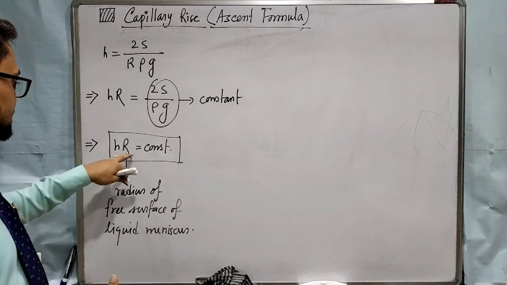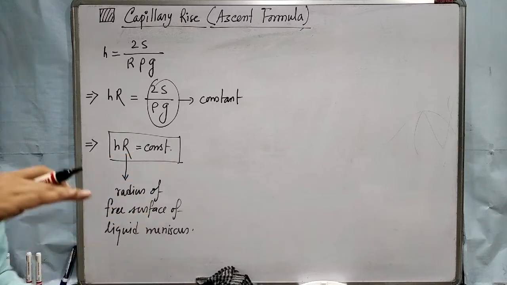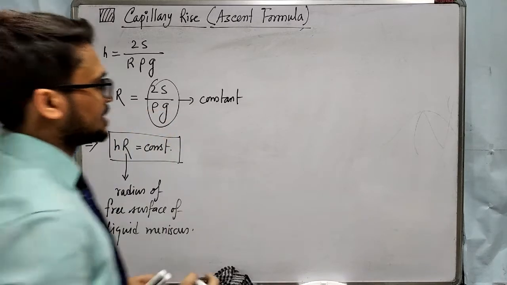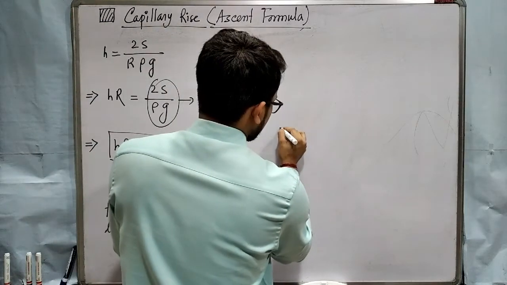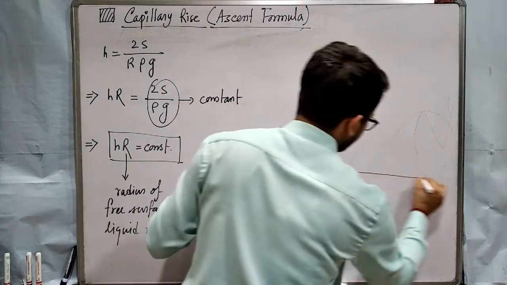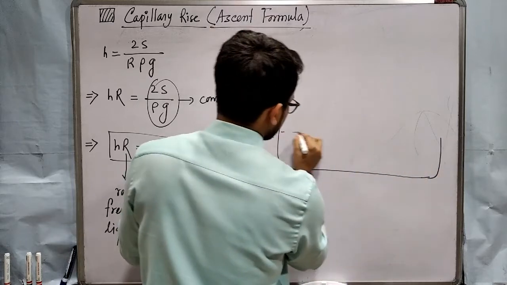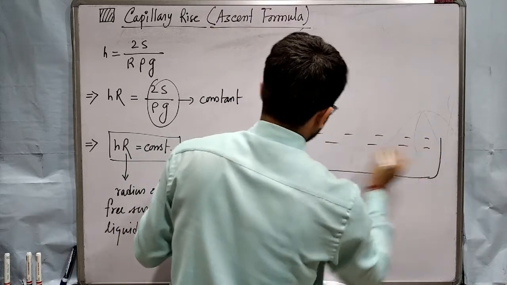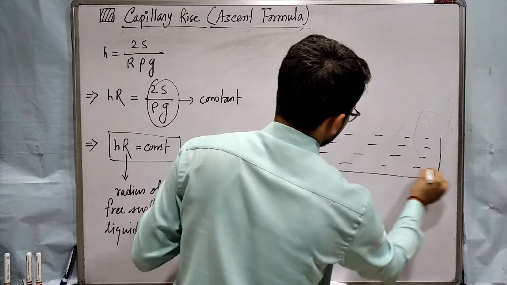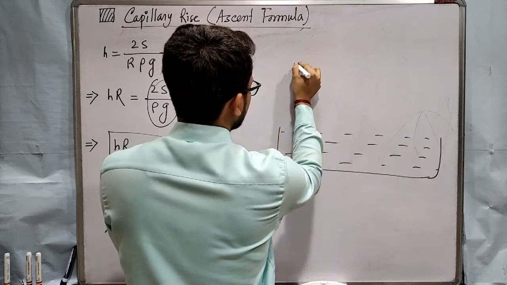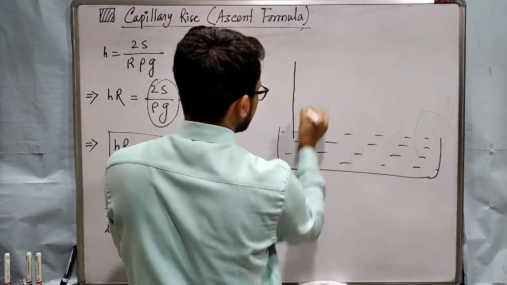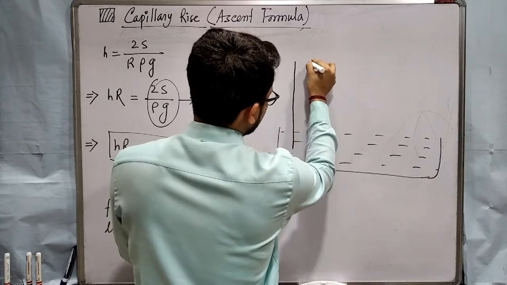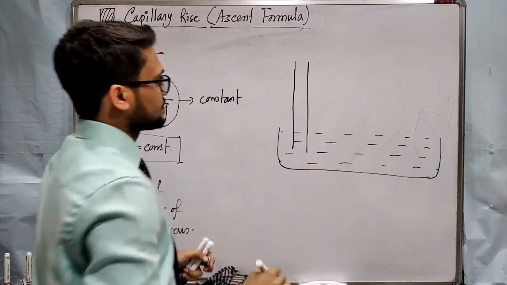From which point will you measure this? I am drawing a diagram. This is liquid. Suppose water will go up. Here one container is there. This is the capillary.